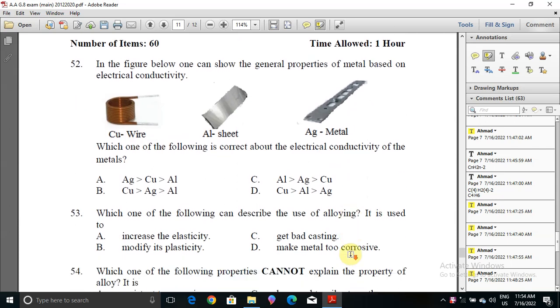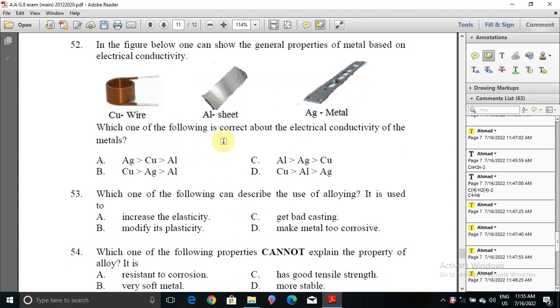Now question number 52. In the figure below, one can show the general properties of metal based on electrical conductivity. Here we have copper, aluminium, and silver. Then which one of the following is correct about the electrical conductivity of the metals?